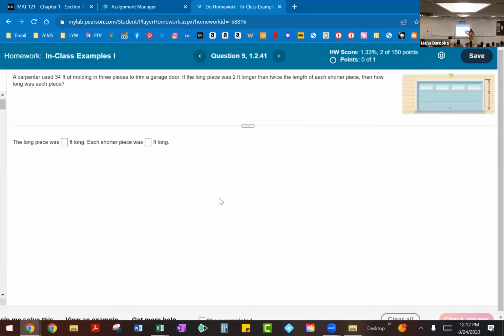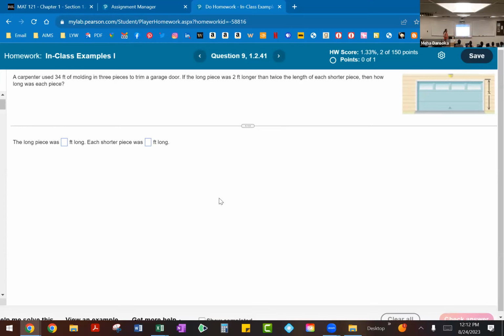And so they're telling us the total he's using is 34 feet of molding, he or she, I guess. If the long piece was 2 feet longer than twice the length of each of the shorter pieces, obviously the longer one is on the top.